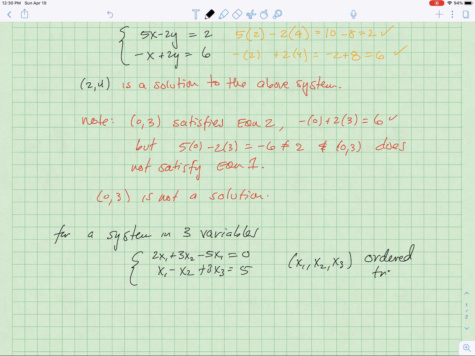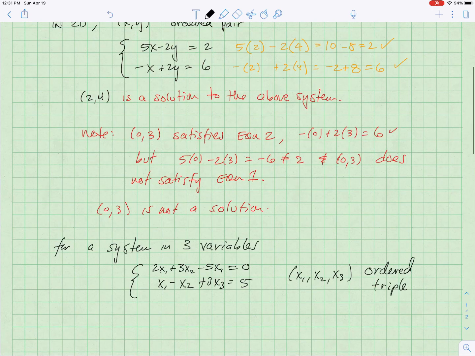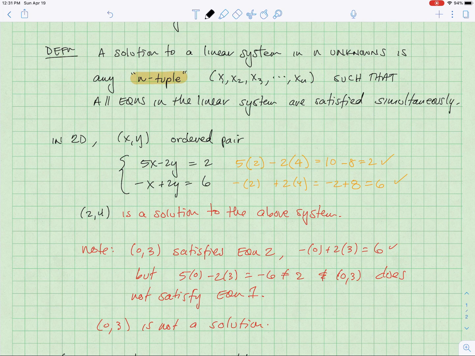Or more classically speaking, probably an x, y, z is what most of you are used to seeing. An ordered triple. And then in a system with 4 variables, it's an ordered quadruple. And with 5 variables, it's an ordered quintuple, and that's where the tuple is coming from. And so instead of saying quadruple or hextuple, they just say it's an n-tuple. So that's where that term comes from.